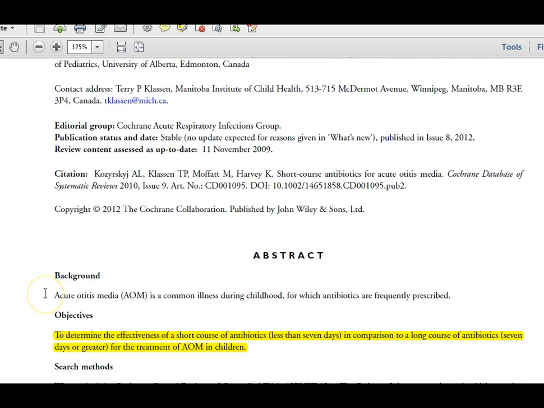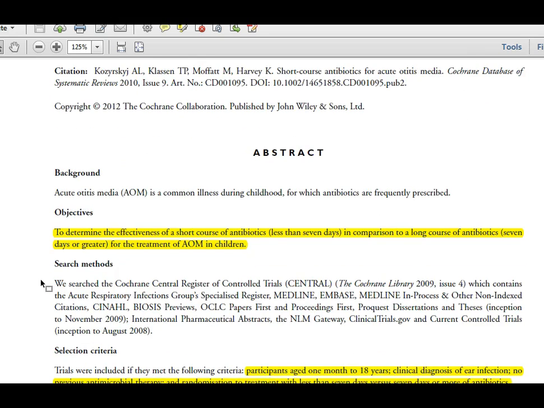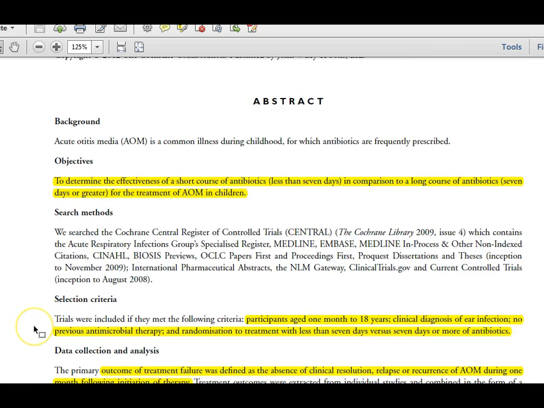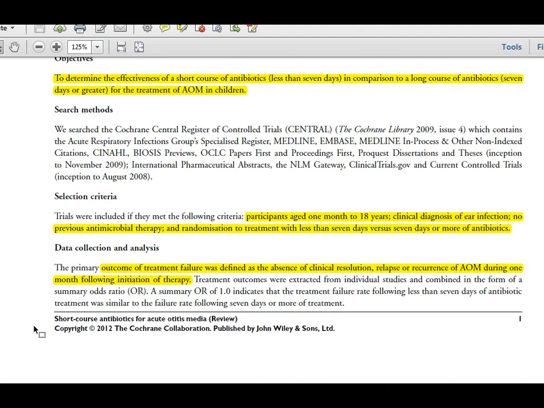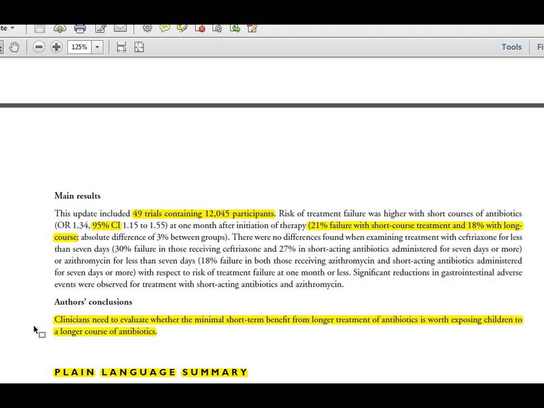There is a structured abstract, so you can look at the different sections of that abstract and pull out information from there, from the objectives to the search methodology and databases used, the selection criteria for the participants, and how they analyze the data. It'll even list out the main results of the study. You can see in this case 49 trials were looked at that had over 12,000 participants. So that's a very high sample size and lending a lot of credibility to the results.